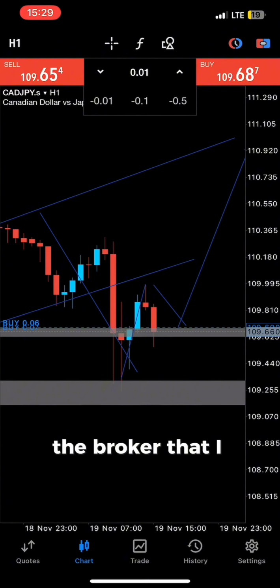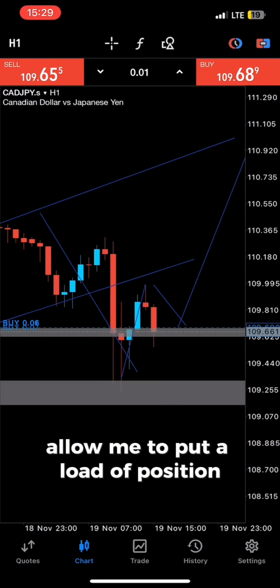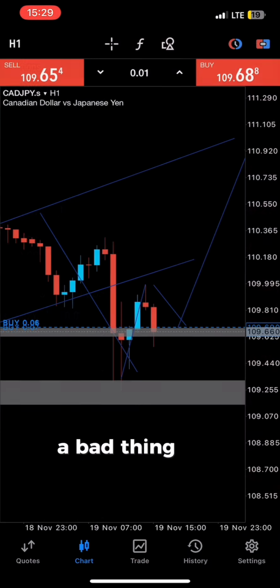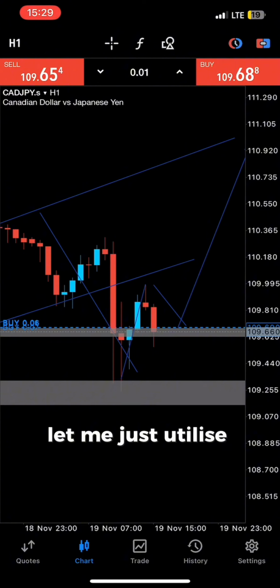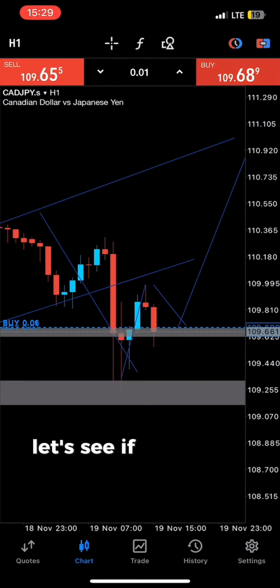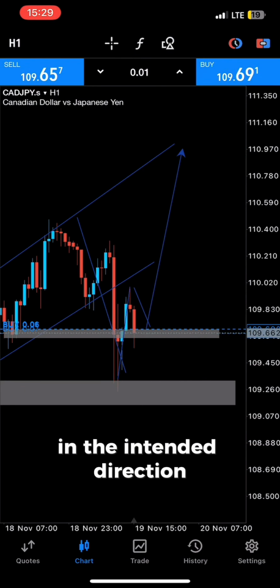Unfortunately, the broker that I used doesn't allow me to put a lot of position, which is a bad thing. But let me just utilize it and see if I can maximize this one. Let's see if it is going to spike to my intended direction.